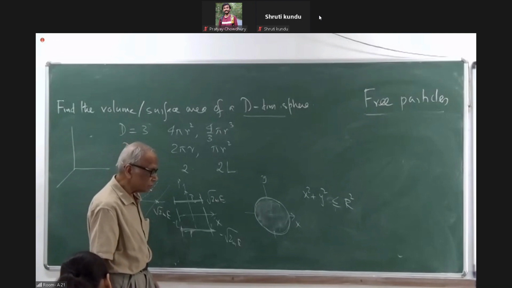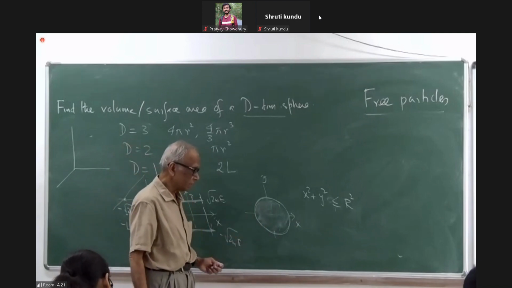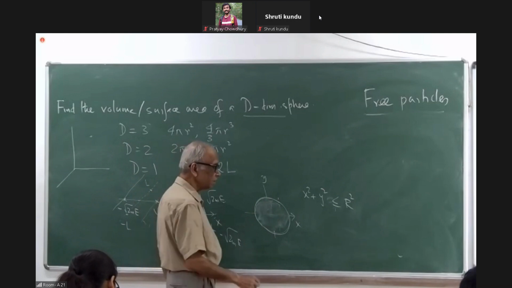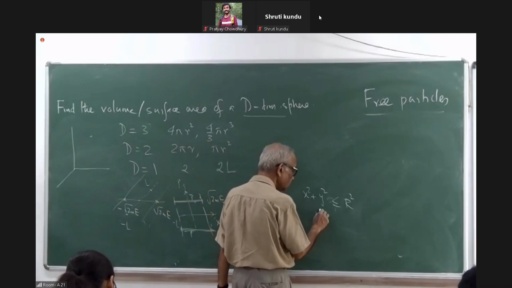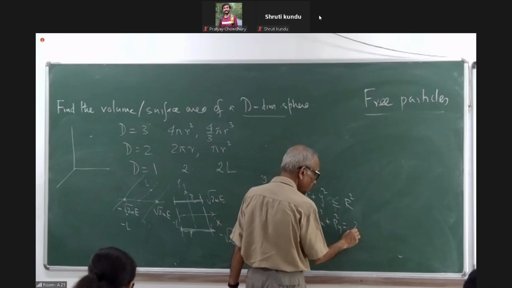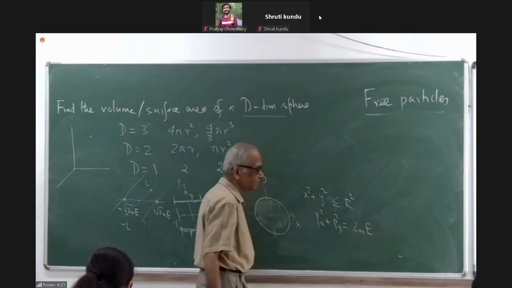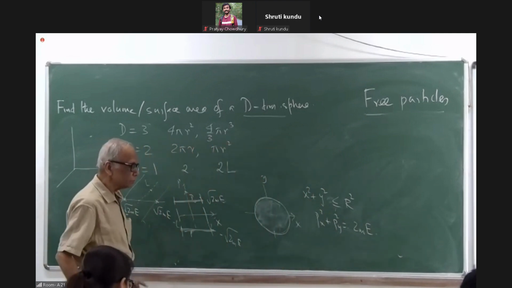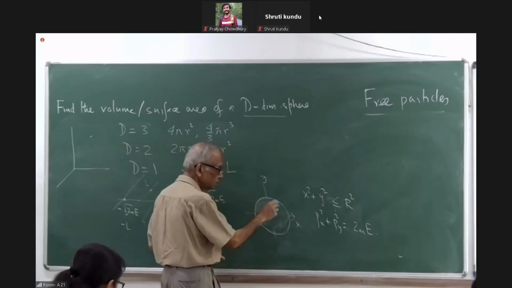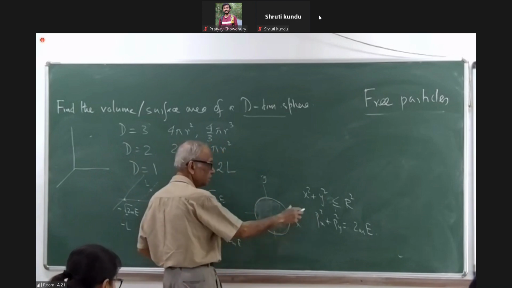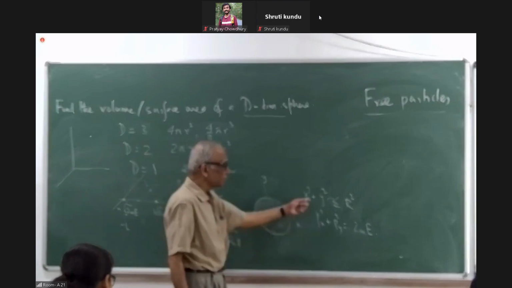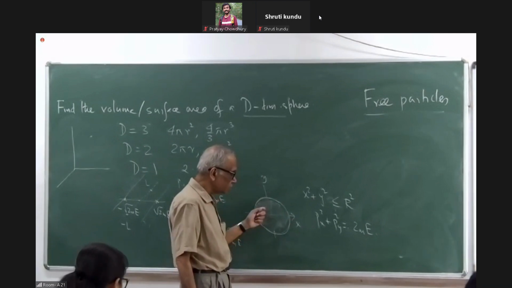But that is only for a given momentum, right? So the momentum is determined by px squared plus py squared equal to 2mE. The particle is confined in a cylinder, meaning this circle x squared plus y squared. So the physical space region is this.